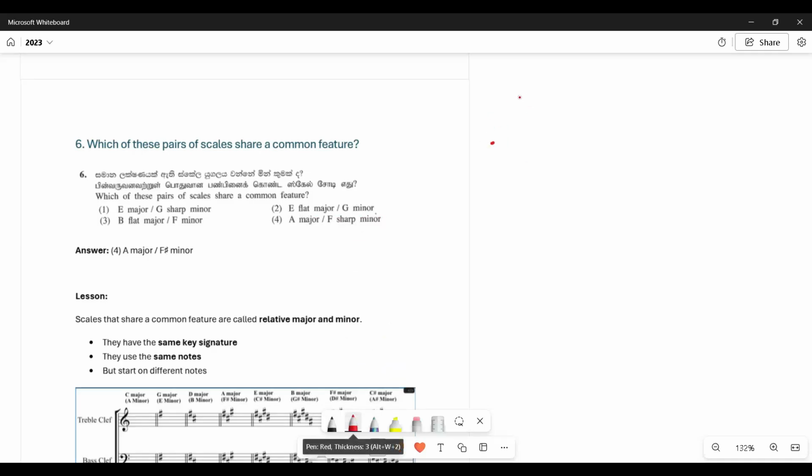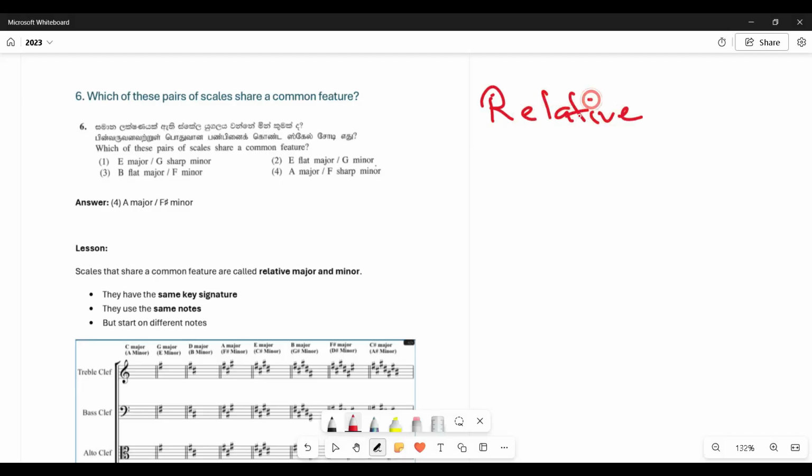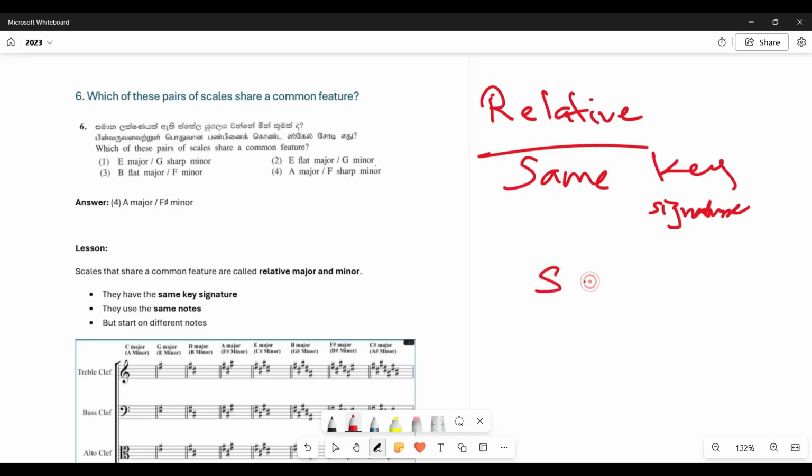Okay, which of these pairs of scales share a common feature? Now, a common feature would be the relative major and relative minor. When we talk about relative majors and relative minors, they have the same key signature and almost the same notes.